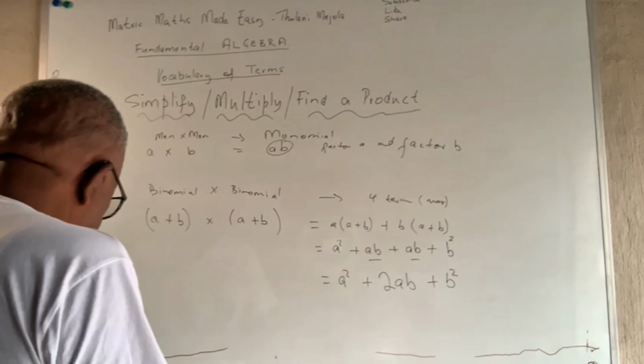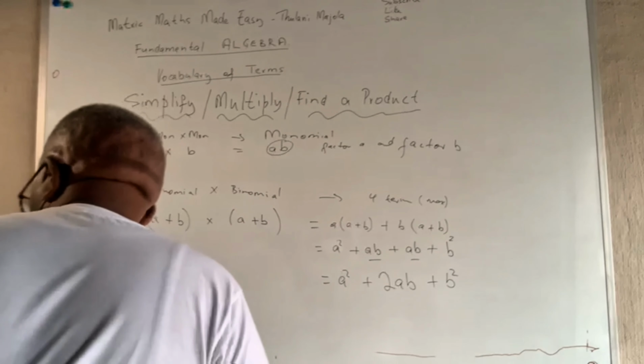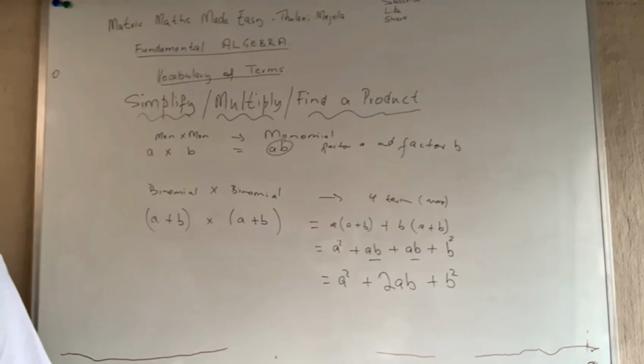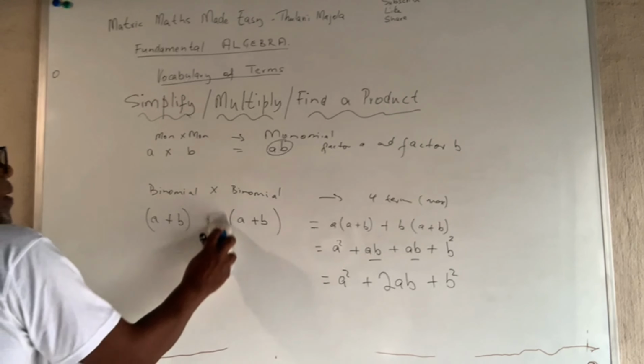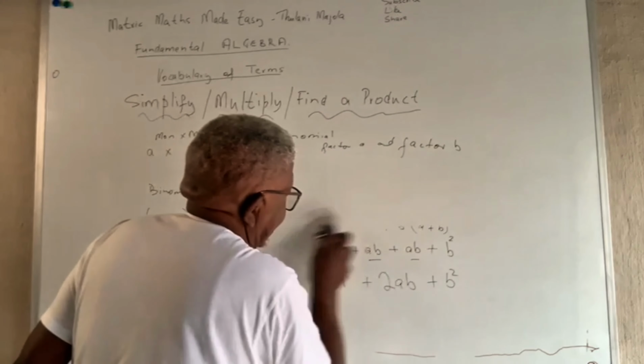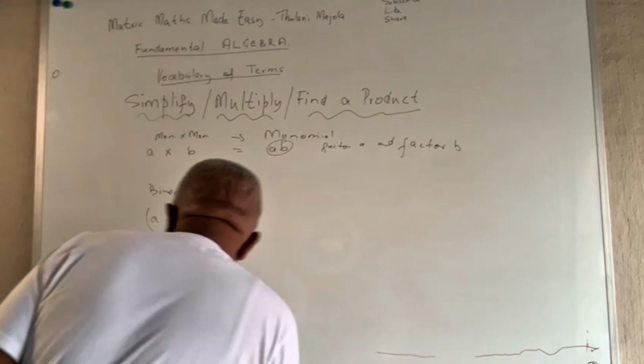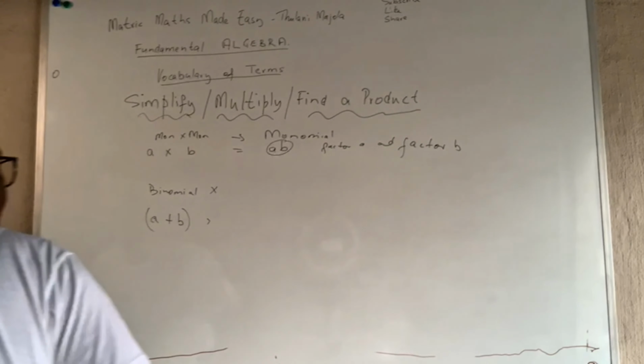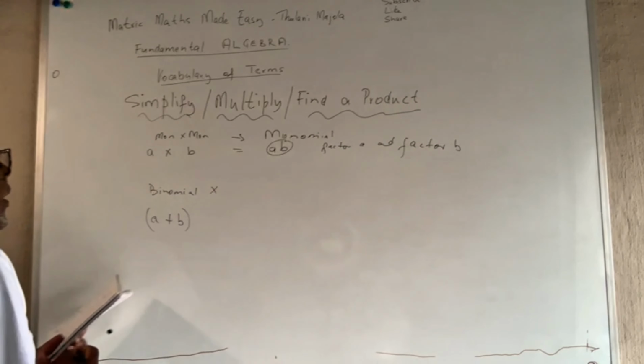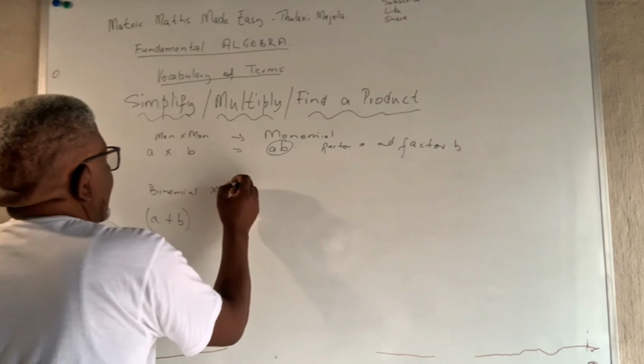And then the last one. When you multiply a binomial by a trinomial, we follow the same process. What is nice about math? Follow the same process.